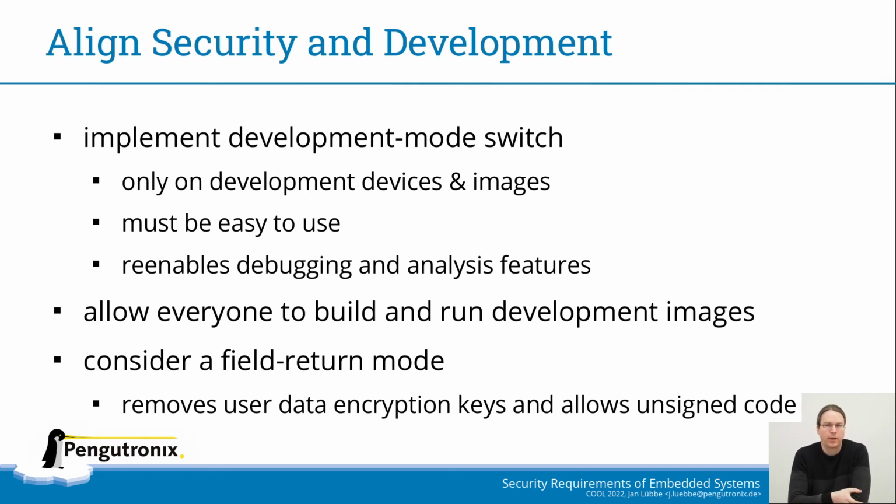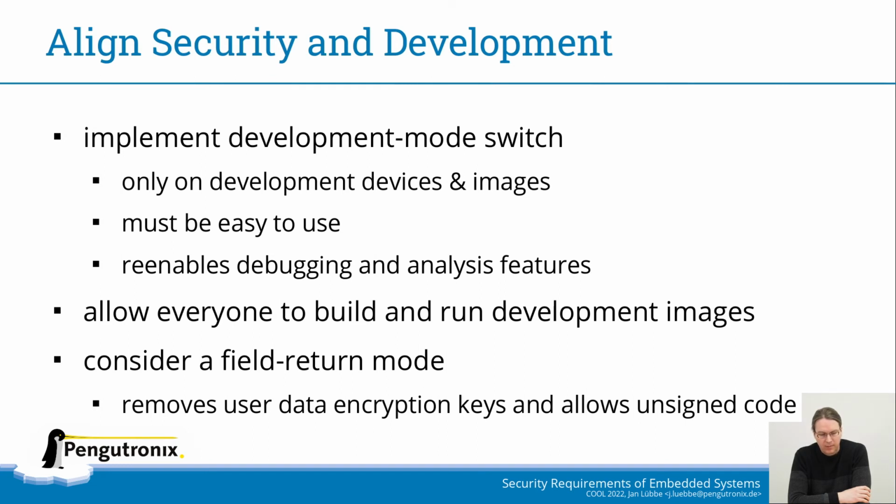That image would not run on devices in the field because it's signed by different keys. This allows the developers to work efficiently and look at the system from the inside without always doing individual configuration of security features on and off. So you have two different modes, a development mode and a release mode, that are compiled into different images, and those run on different systems.